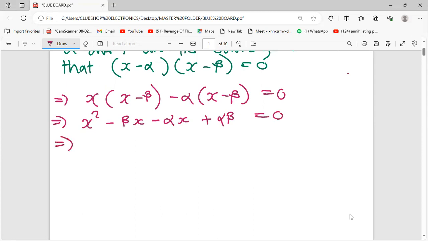So isolating x, we have x squared minus open bracket alpha plus beta close x, you put out the negative, plus alpha beta.